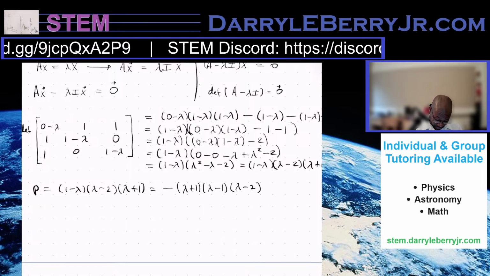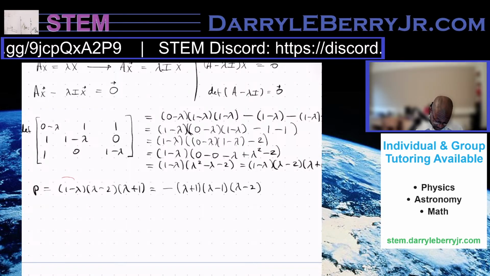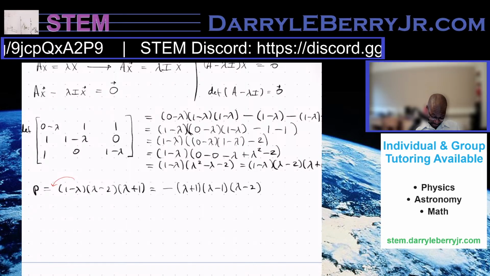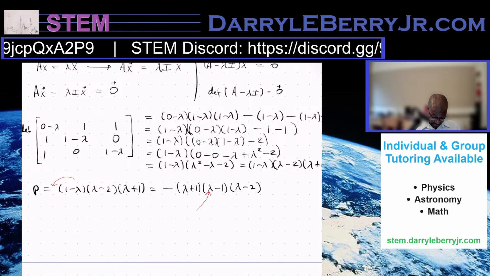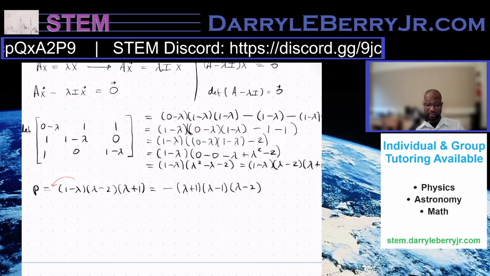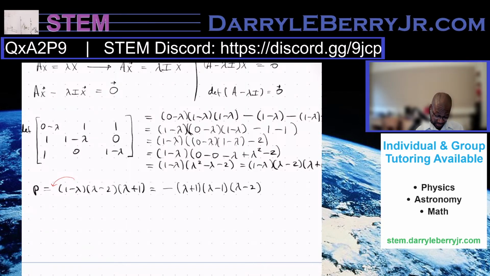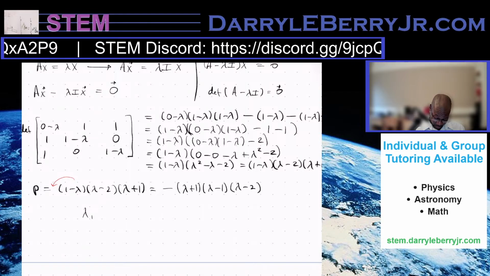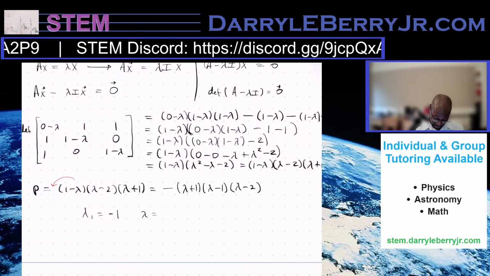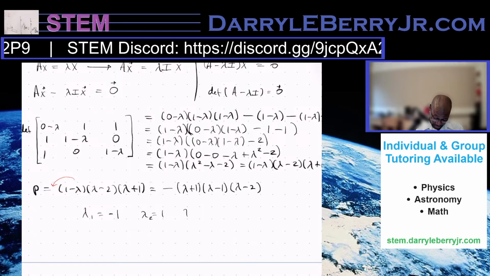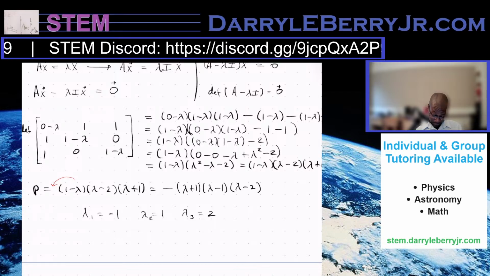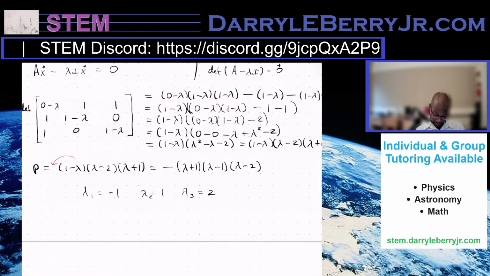So the negative comes from this here. So the negative comes out, the lambda becomes positive, and the 1 becomes negative. So this is the characteristic equation as the book has it. So therefore, lambda 1 equals negative 1, lambda 2 equals 1, and lambda 3 equals 2, right?